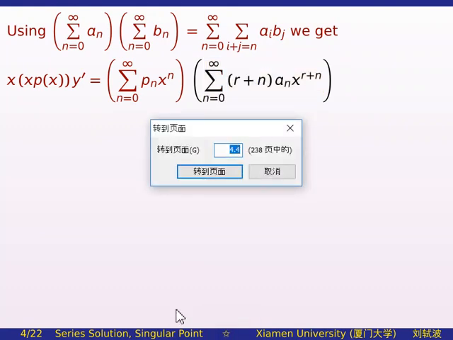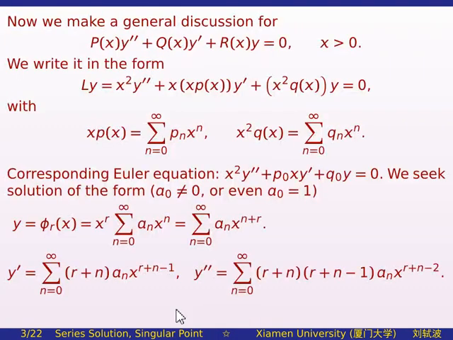Let's go back to have a look. In the power series expansion of y prime, the order of x is r plus n minus 1. But we have an x in front of the coefficient p(x) of y prime. So the x in front of p(x) will raise the order of x in the power series expansion of y prime from r plus n minus 1 to r plus n.